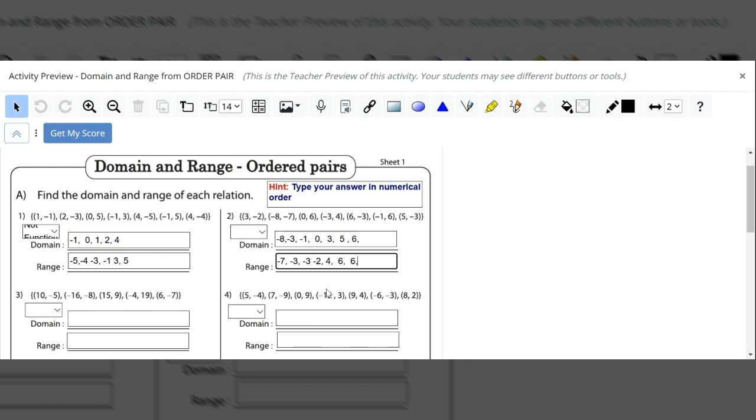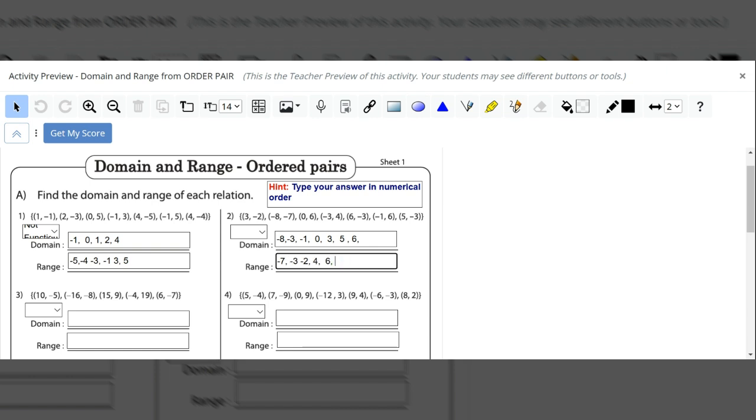Now, since we already found this, actually we don't care about the range if they're repeating or not. So we can take one of this negative 3 and one of 6.